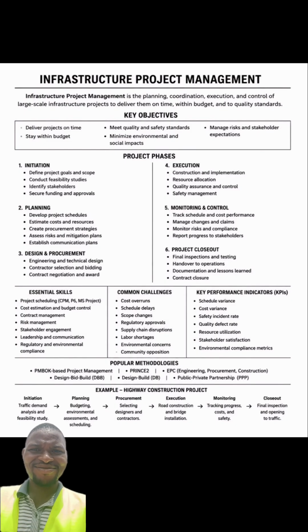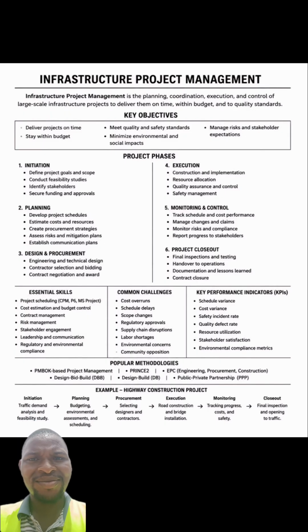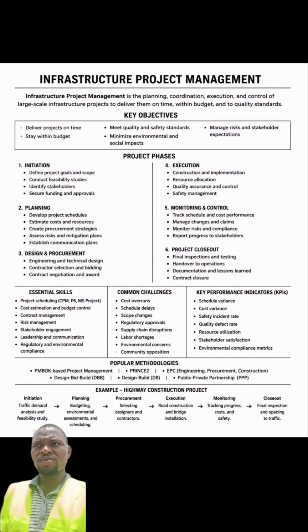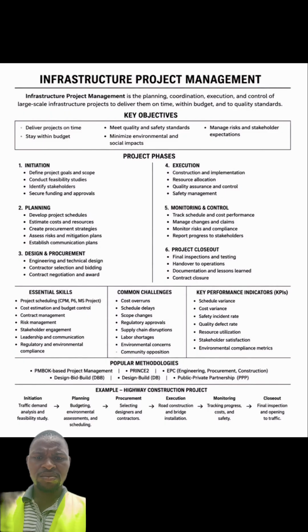Resource utilization is very, very important, because how do you utilize the resources that have been given to you, from the money that has been given to you, that's the funds, then the materials on site, how do you utilize them. Then stakeholder satisfaction, how do you satisfy the stakeholders.